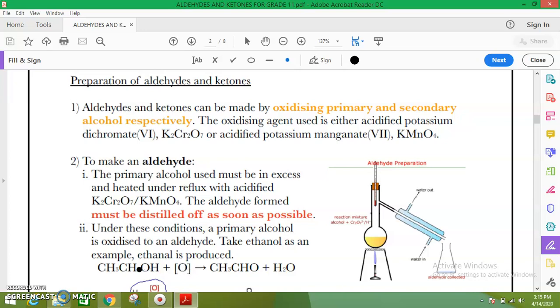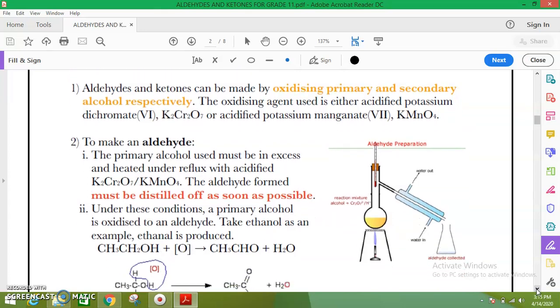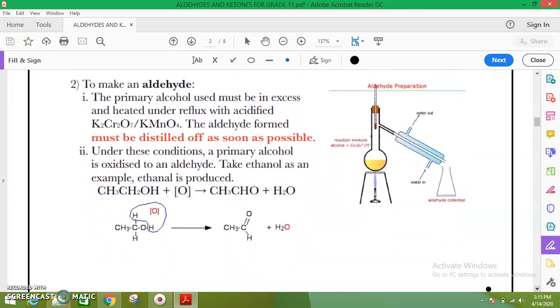So what will happen here? Oxidation takes place. Oxidation means removal of hydrogen and addition of oxygen. You will get an aldehyde and a water molecule. You will remove these 2 hydrogens.